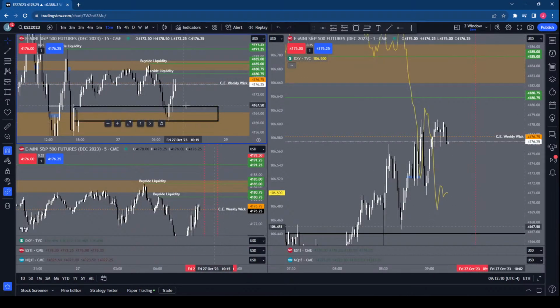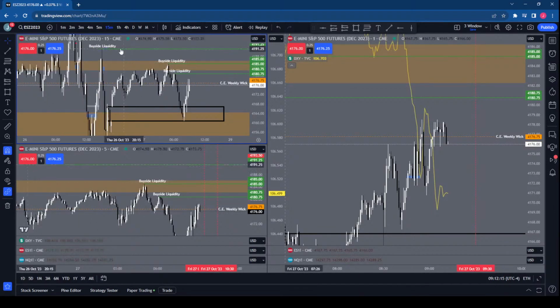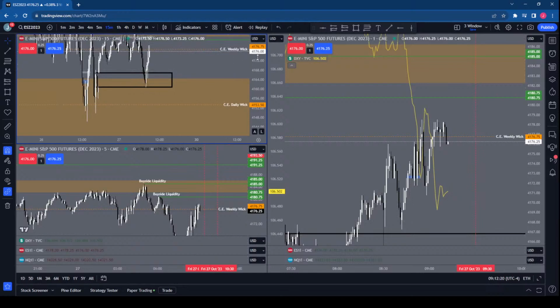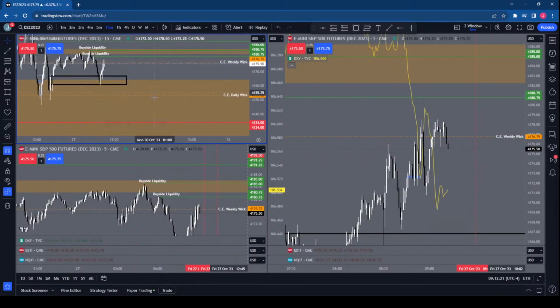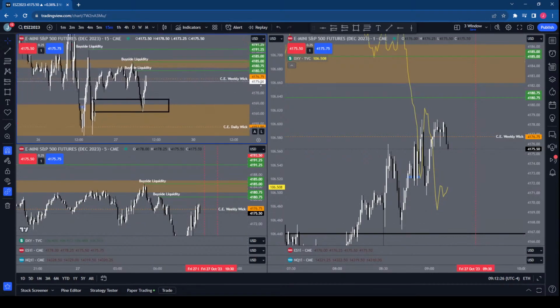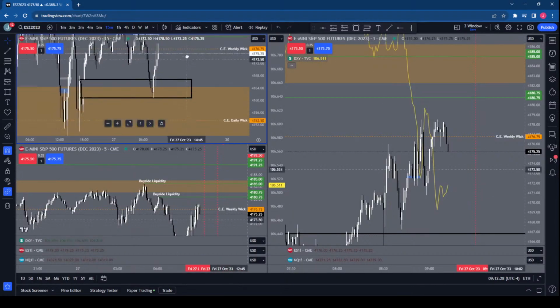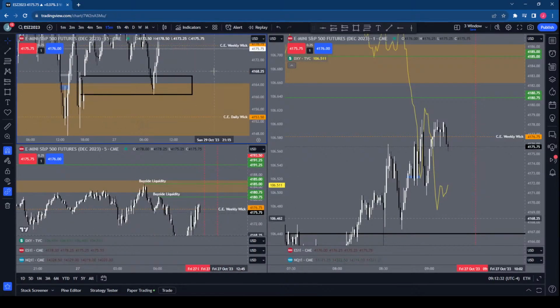It's not too far away, so I could see it. If our daily candle wants to close inside of this higher time frame fair value gap, this orange area, then that's how it would probably deliver it. It would deliver it by sweeping these buy sides, then reversing.